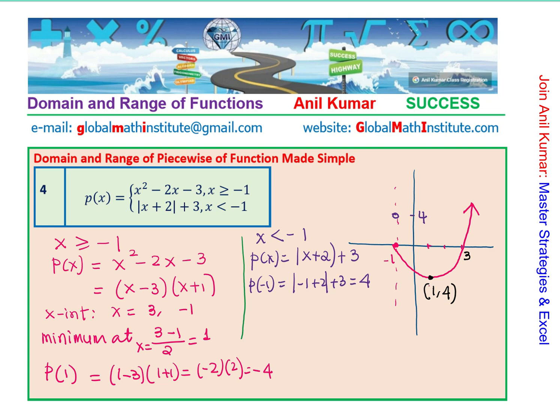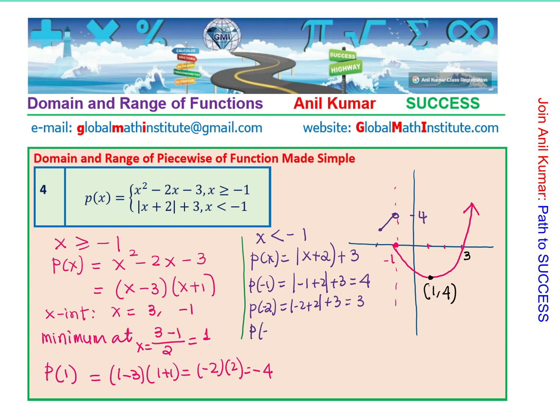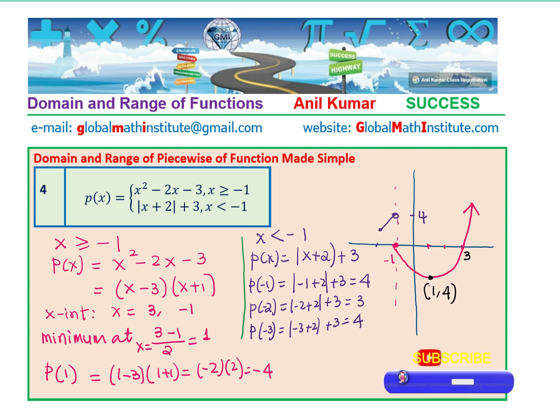Now x plus 2, let's find the value at minus 2. So minus 2 will be minus 2 plus 2. That's the vertex, right? We have the value equal to 3. So at minus 2, the value is 3. And then we'll find the value at minus 3, which is again 4, right?